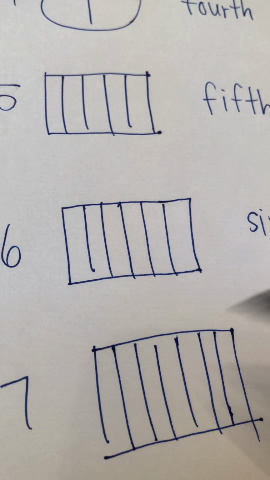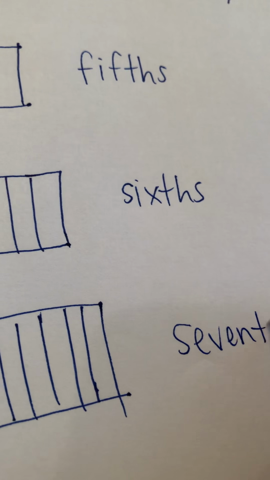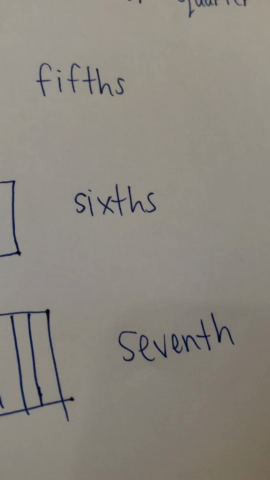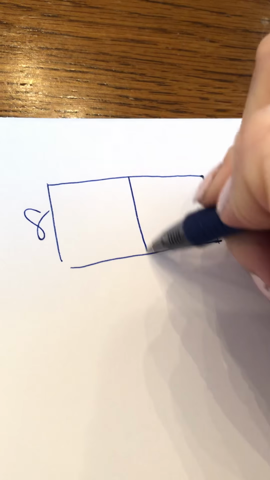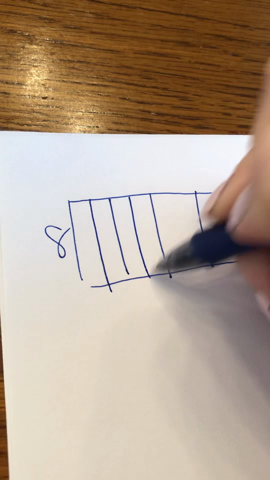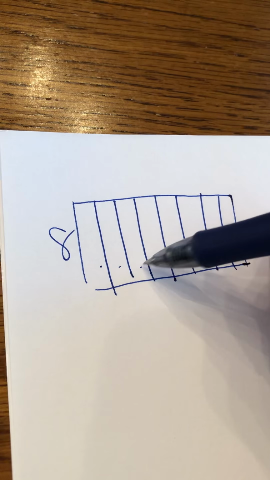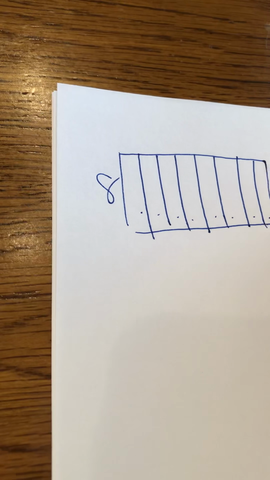Equal parts, pretend they're equal. Each one of those parts would be a seventh. If I had a pizza cut into 8 equal parts, is that 8? Nice. Each one of those pieces would be called an eighth.